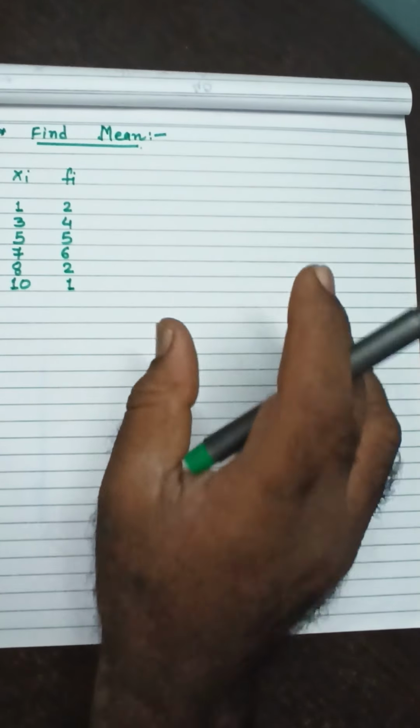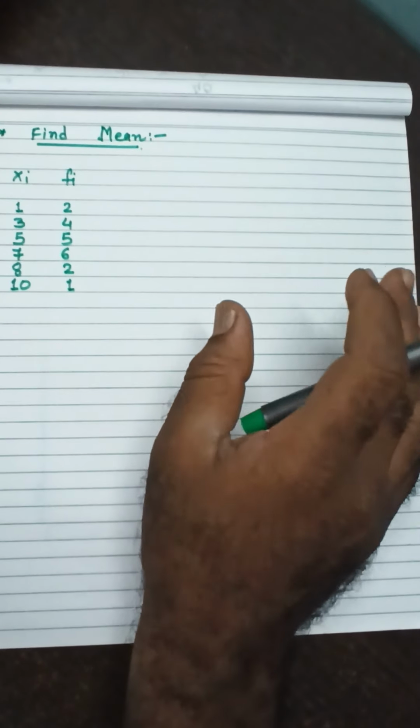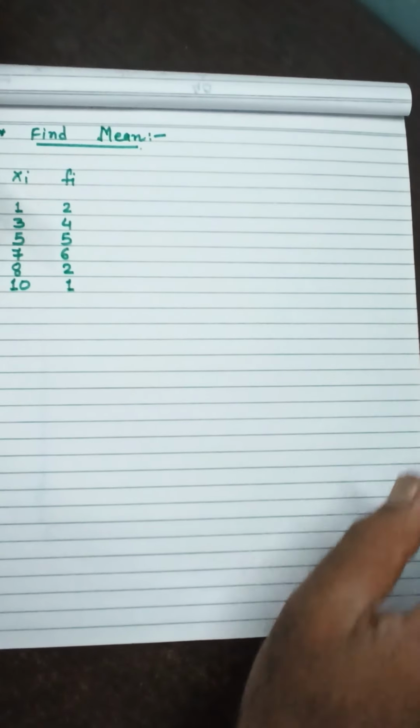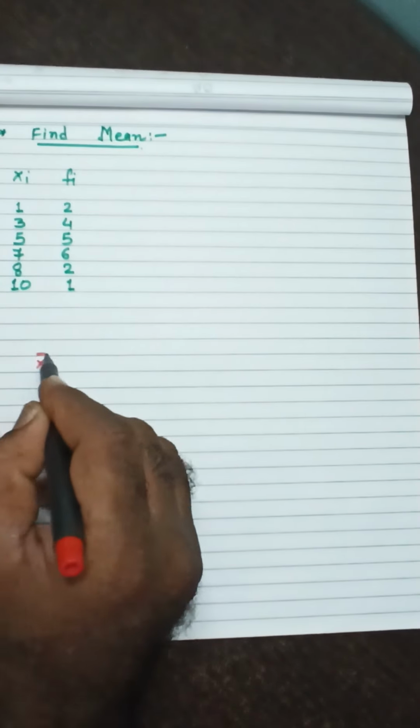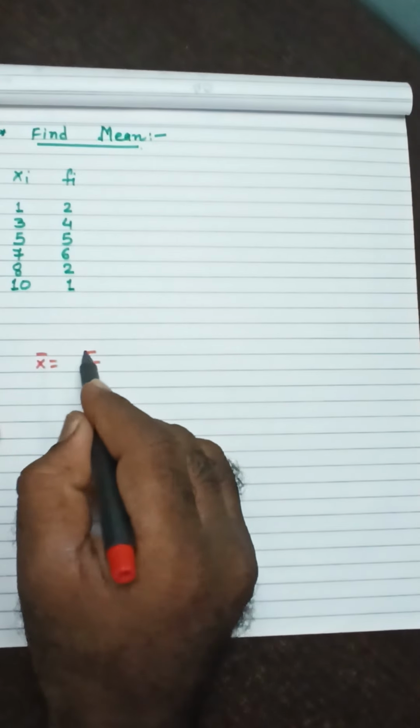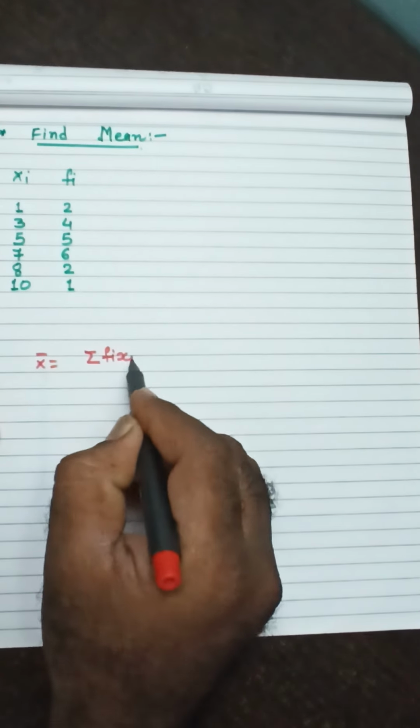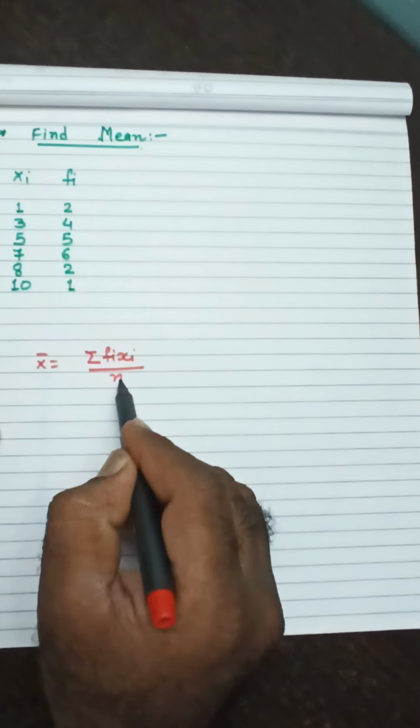Now we have to find the mean by both methods. The first one is the simple method and the second is the shortcut method. So x bar is equal to sigma fi xi divided by n.